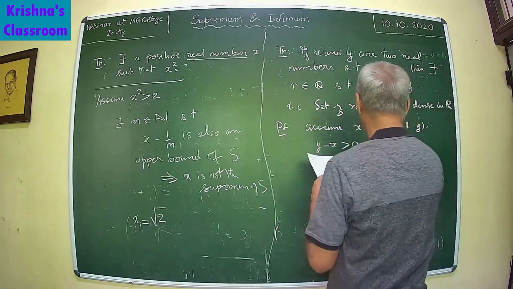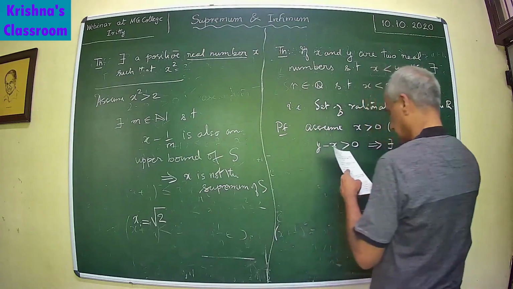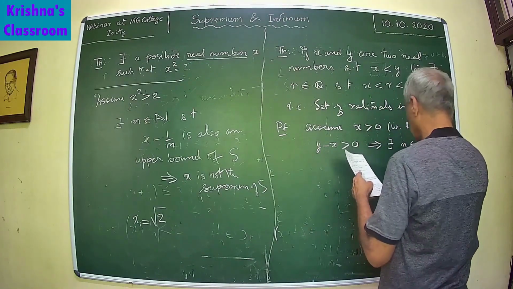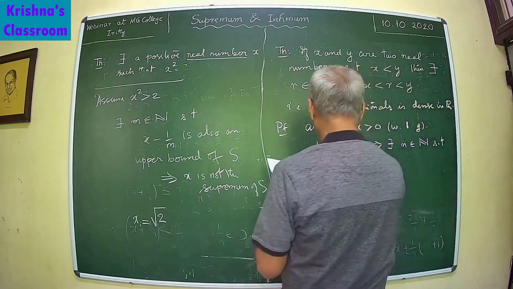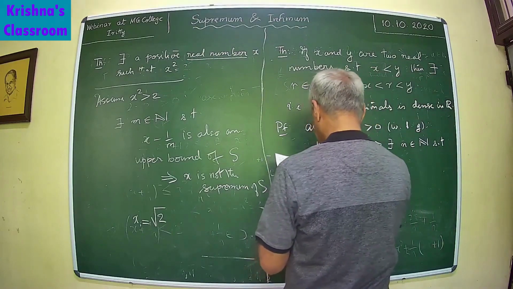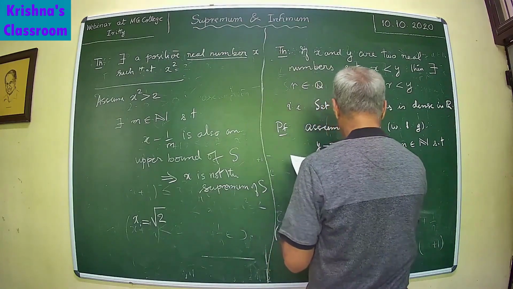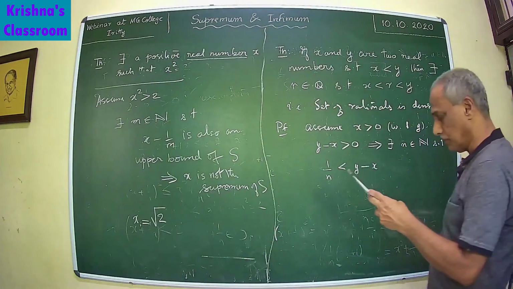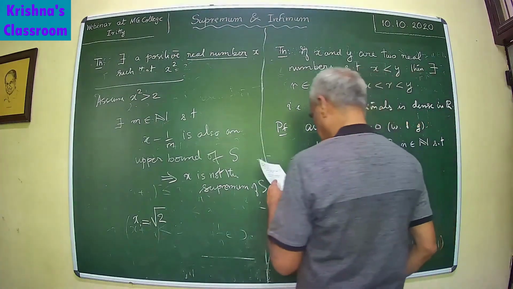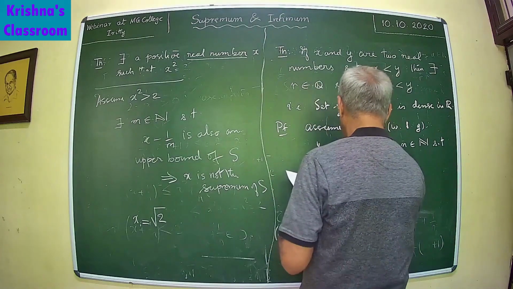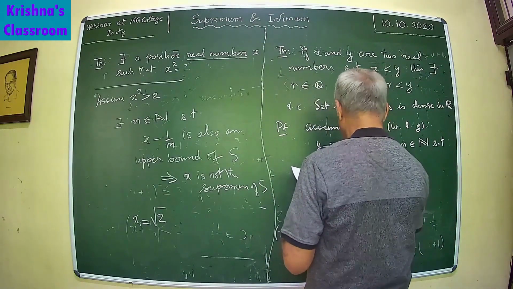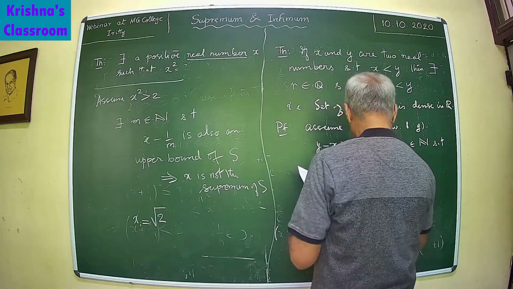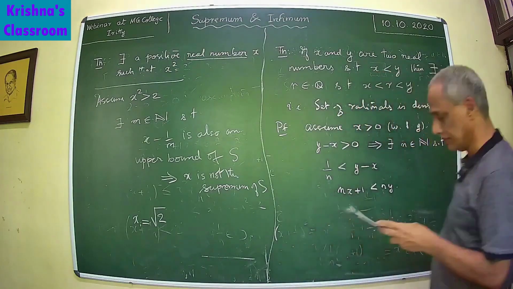Therefore, there exists an n belonging to N such that 1 by n is less than y minus x. That's clear. Therefore, nx plus 1 is less than ny. That's the same as this.